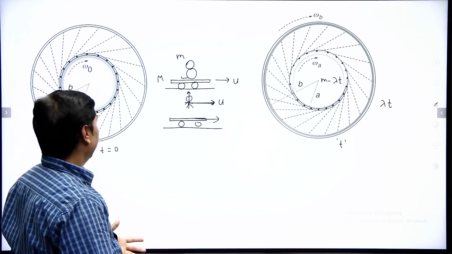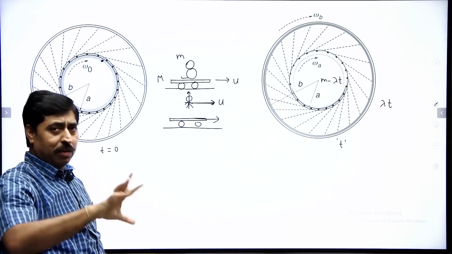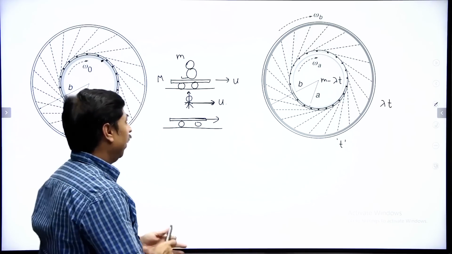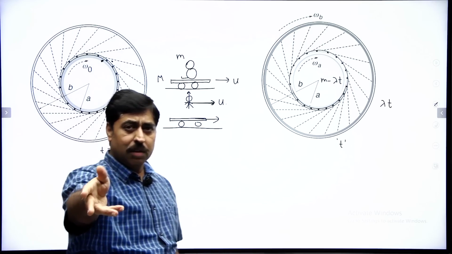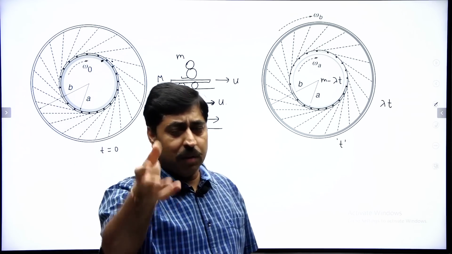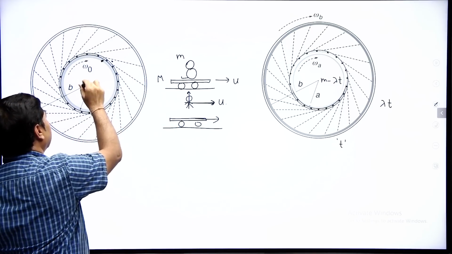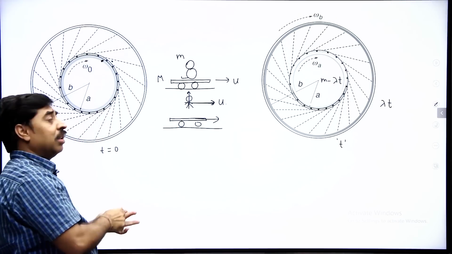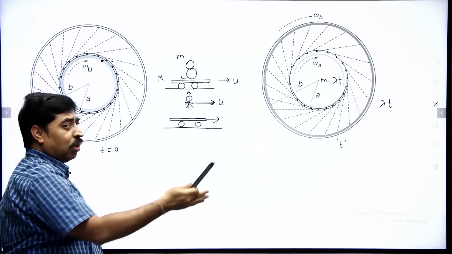A similar thing happens here. This particular sand particle is already having some angular speed, and when it just comes out, its speed has not changed. So its angular speed has not changed, and actually its angular momentum about this axis has not changed. The sand particle was just sticking to the drum and now it is just out of the drum.